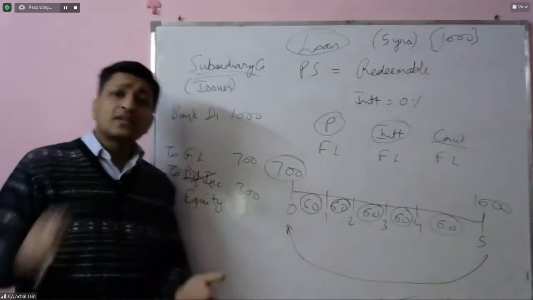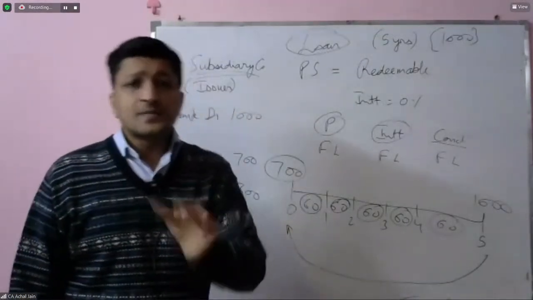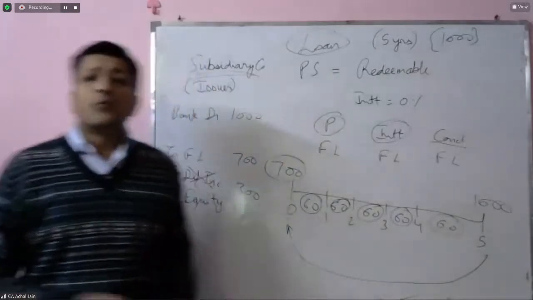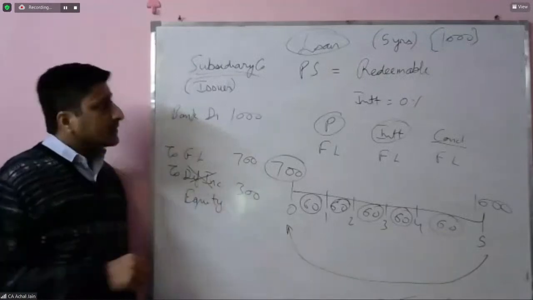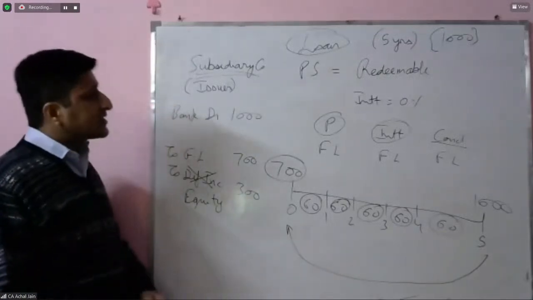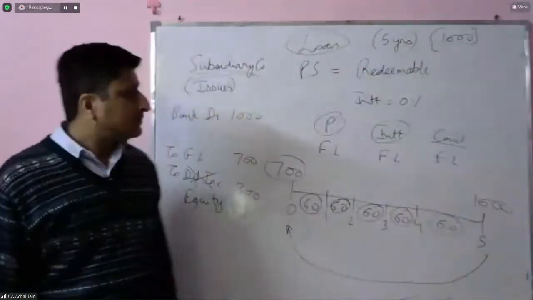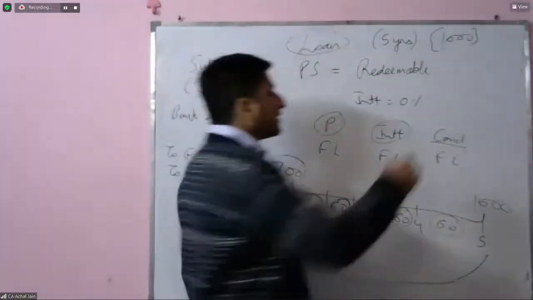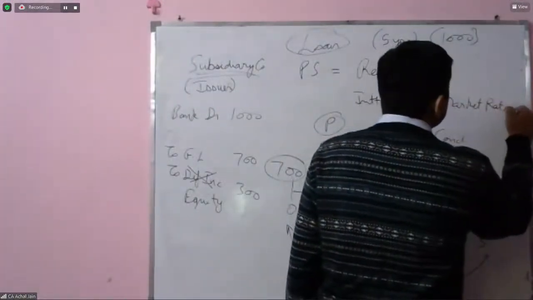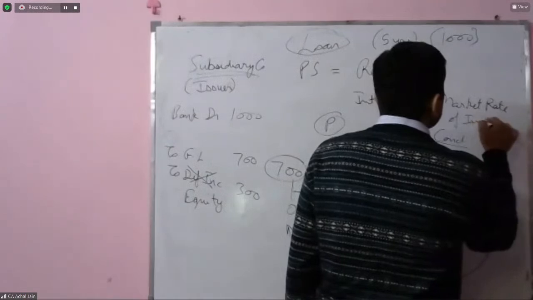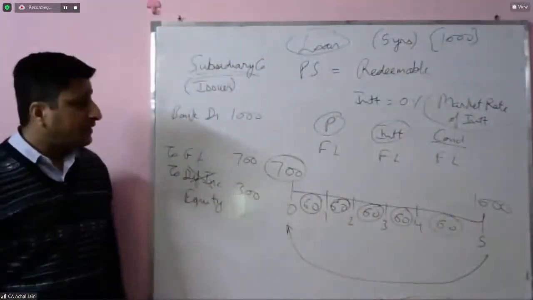And if you look at the substance of this transaction, what is actually happening? Ideally, the subsidiary should have received a loan of rupees 1,000 at market rate of interest, which should have been paid by the subsidiary.